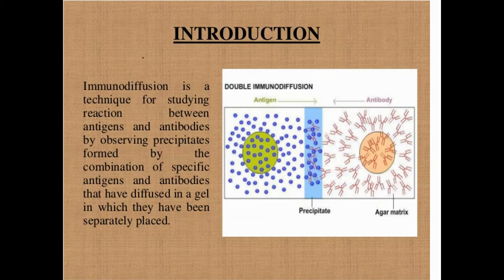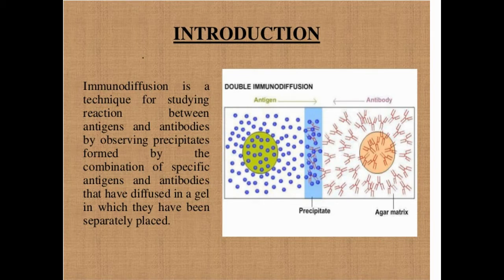So immunodiffusion is nothing but the reaction of antigens with the antibody, the combination of antigen and antibody. This immunodiffusion is a technique which denotes the precipitation reactions of antigen and antibody in a particular medium.